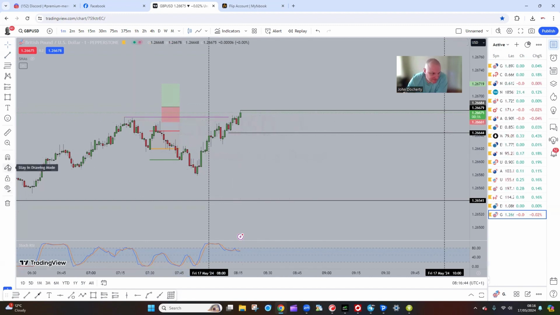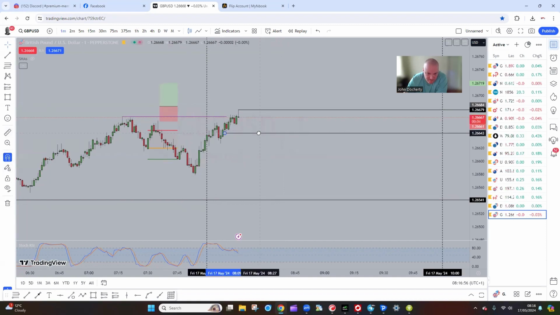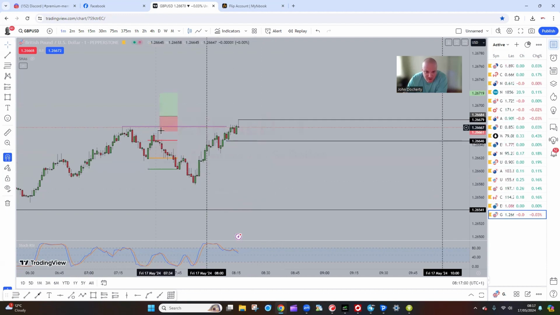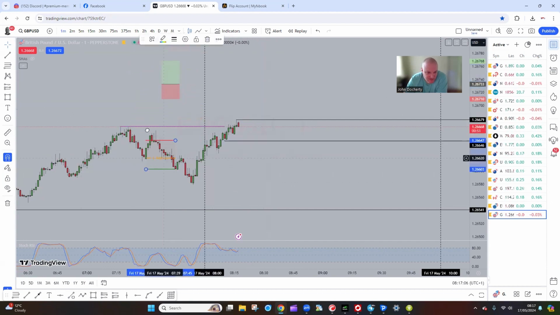So for me, so you see, we just keep the fibs in the buy model at the minute. So broken structure there.